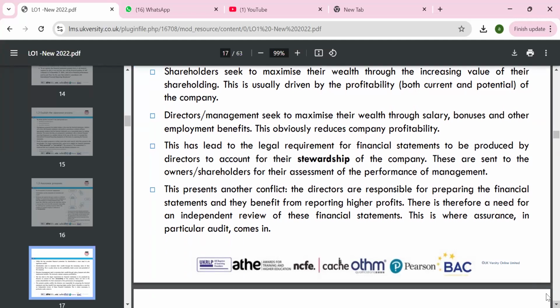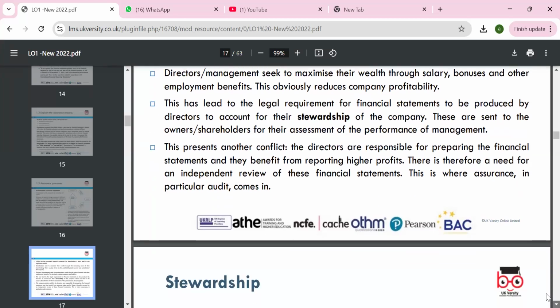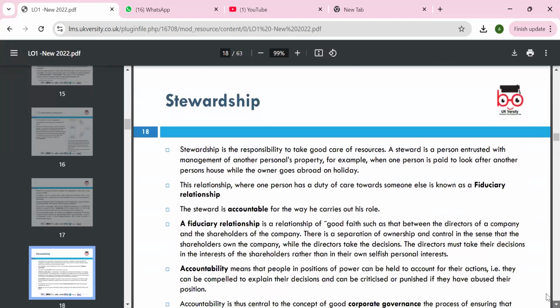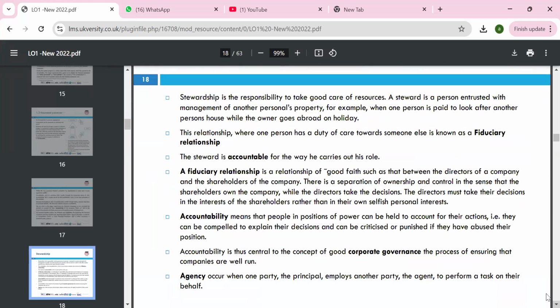Okay, the financial statements and the benefit of reporting higher profit therefore need independent review, and assurance, in particular audit. Stewardship, which we mentioned: a steward is responsible for taking care of the resources. The steward is a person entrusted by the management and other parties, like we discussed about the fiduciary relationship, because someone else has a duty of care.